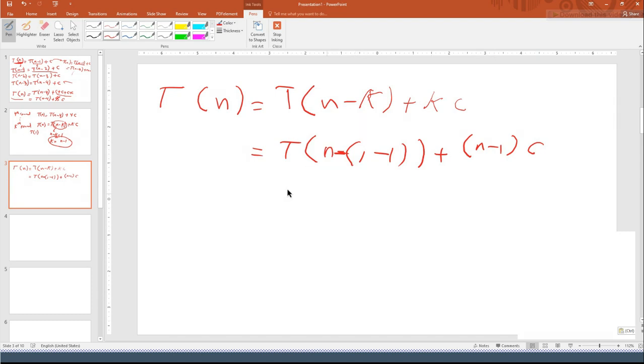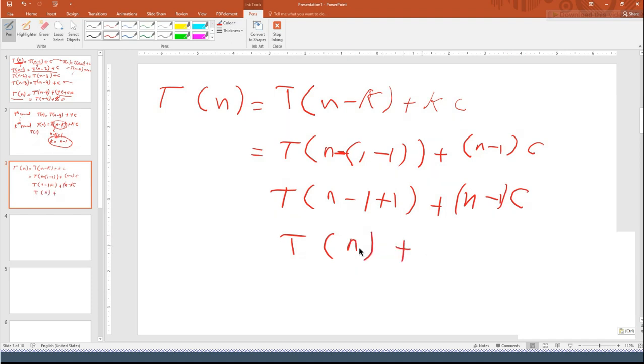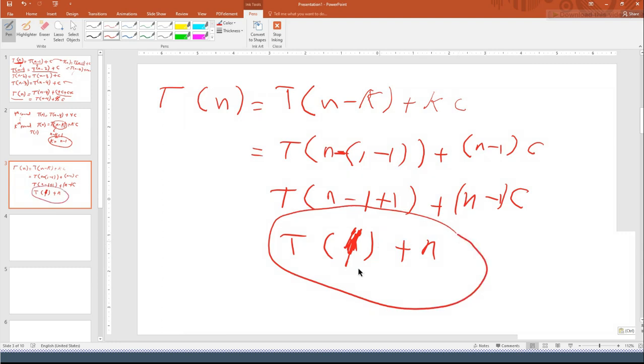So here we have T of n minus n plus 1, plus (n minus 1)C, which is equal to T1 plus nC, roughly. And this function, as we said, we take the biggest n. Here we have n, so O of n. So the complexity of this function is O of n.